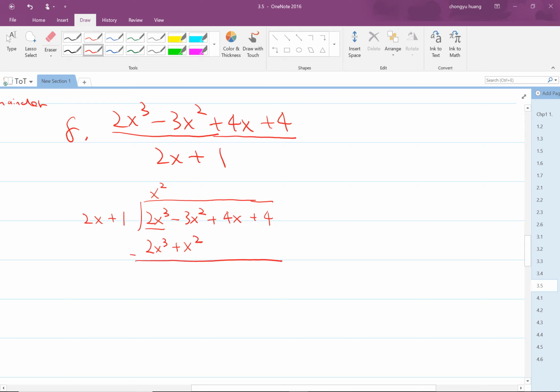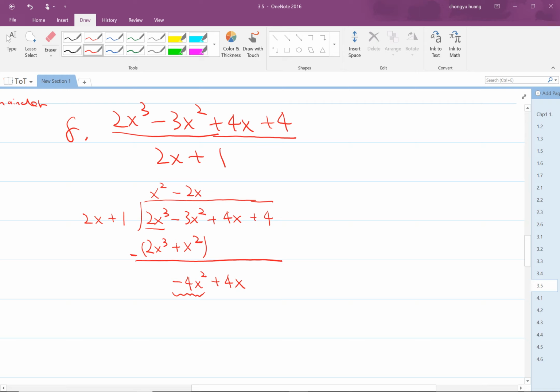Okay, so now we subtract the whole term. 2x to the power 3 minus 2x to the power 3 becomes 0. Negative 3x to the power 2 minus x to the power 2 becomes negative 4x to the power 2, plus 4x. Now we want to get rid of negative 4x to the power 2, so we have to multiply by negative 2x.